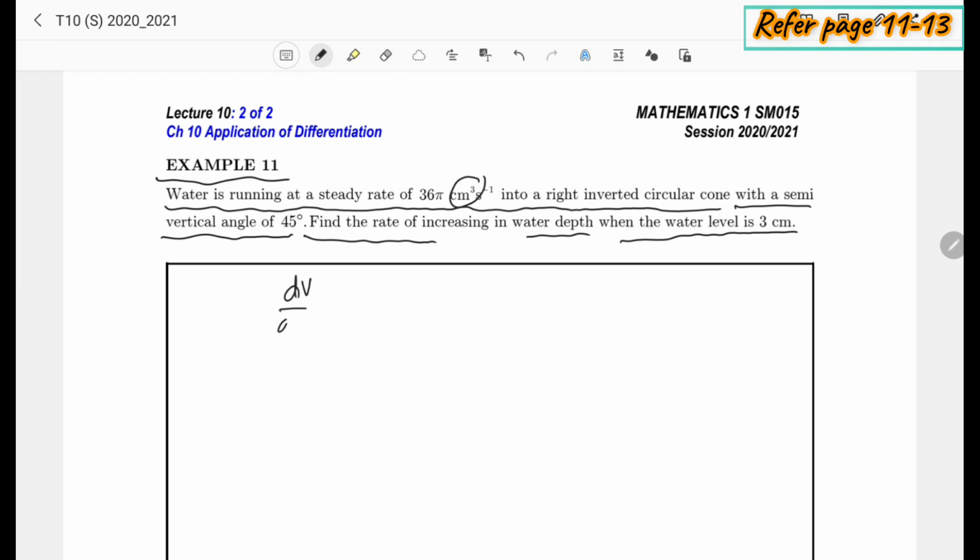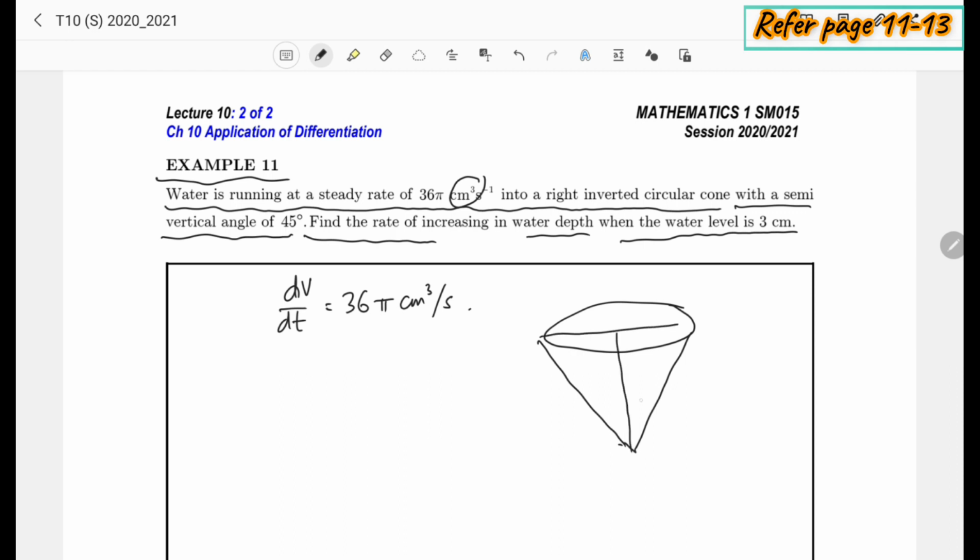So dV/dt is 36 pi cm cubed per second. We have a semi-vertical angle of a right inverted circular cone, so let's try to sketch. This is your cone, and this is your 45.